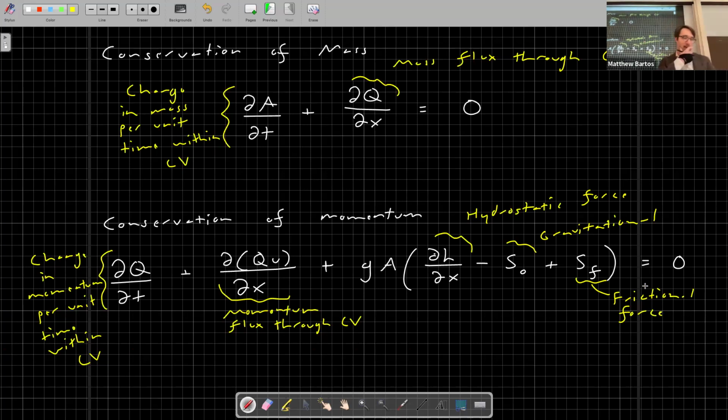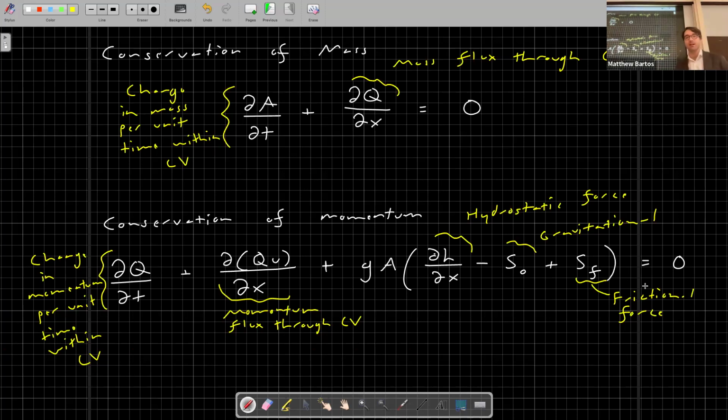So let's look at these equations in the context of gradually varied flow. We'll figure out which of these terms we can get rid of or simplify. For gradually varied flow, we are generally talking about steady state gradually varied flow, unless otherwise specified.